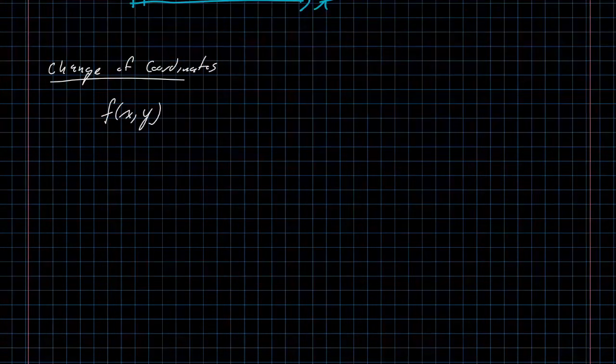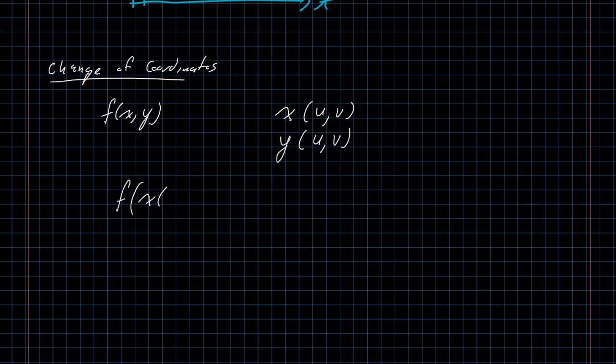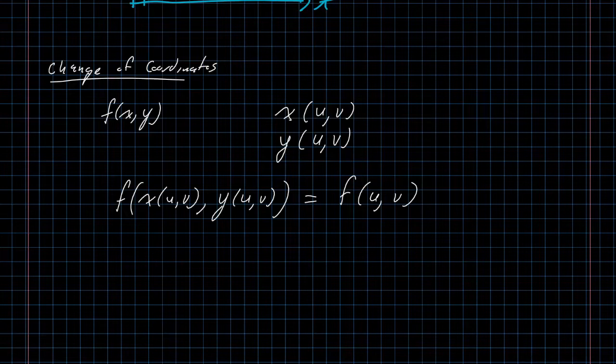If we have our function f of x and y, and then we redefine x as a function of u and v, and also y as a function of u and v, then f of x and y becomes f of x of u and v and y of u and v, which is really just a function in u and v.